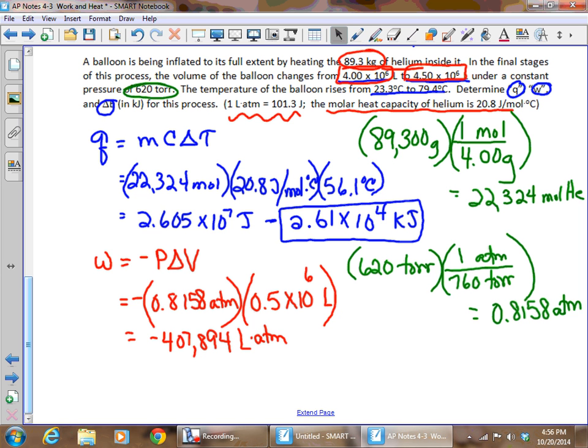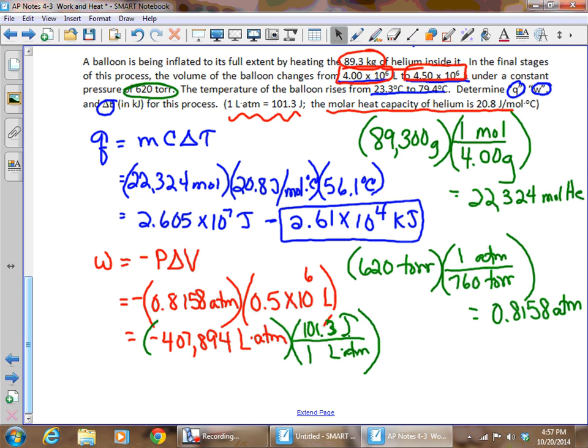We know that there's 1 liter atmosphere for every 101.3 joules.